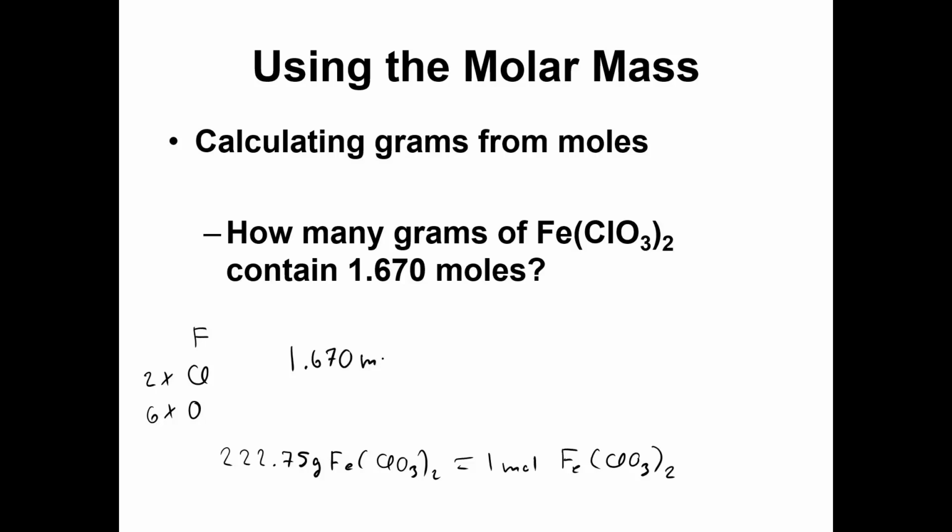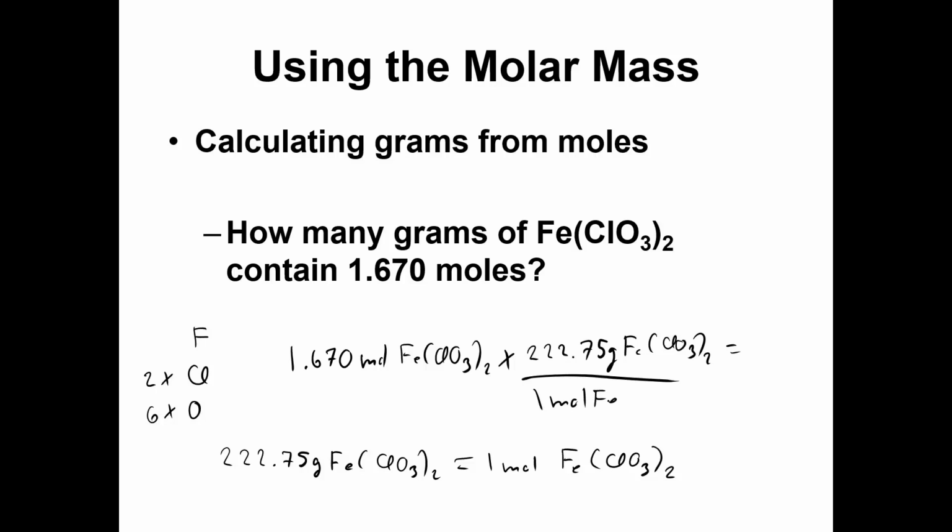1.670 moles of Fe(ClO3)2 times 222.75 grams of Fe(ClO3)2 divided by 1 mole. The moles cancel.